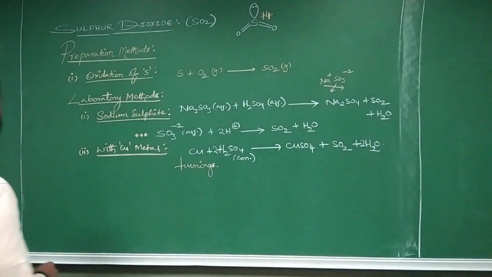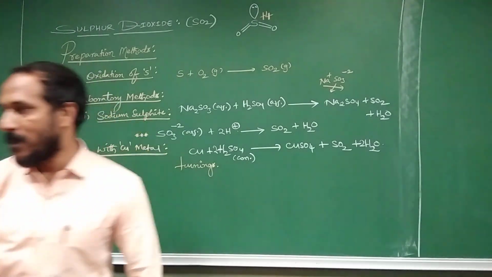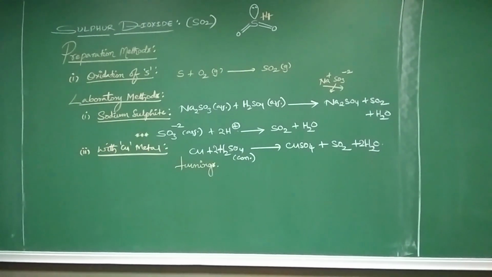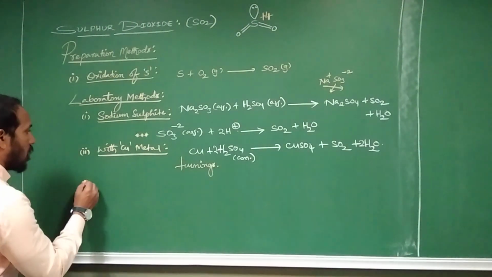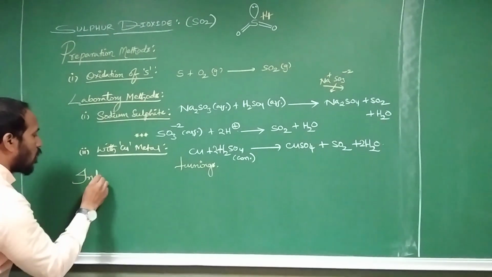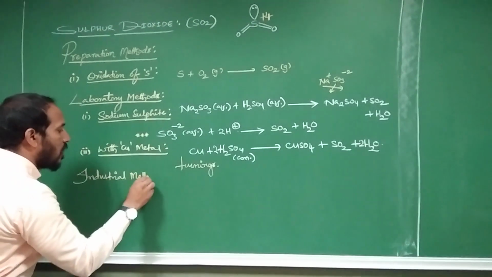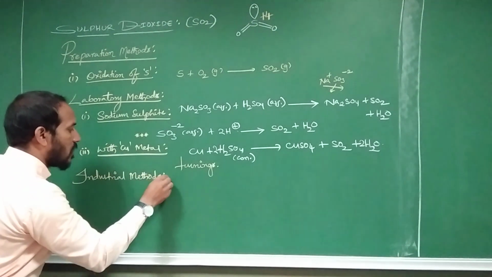Okay. Now industrial methods. Now the third method is an industrial method. How can sulfur dioxide be prepared with the help of the industrial method?